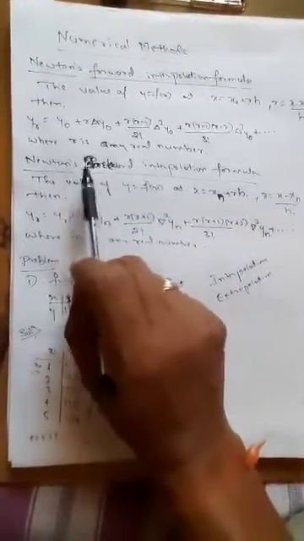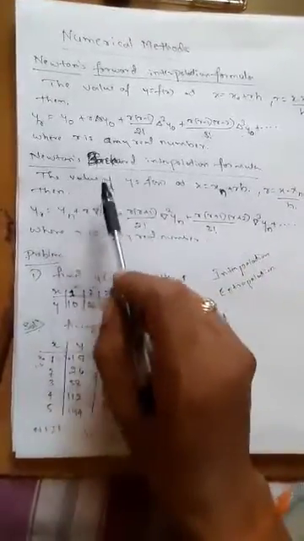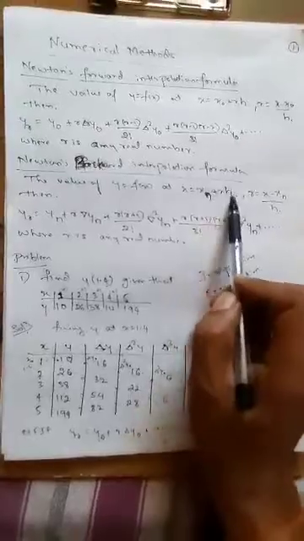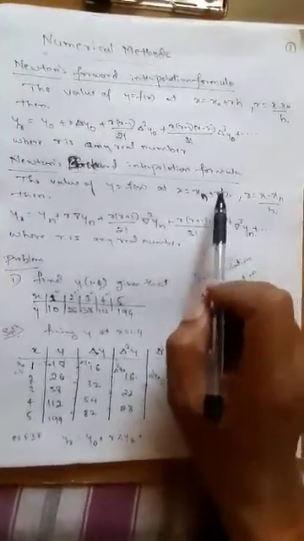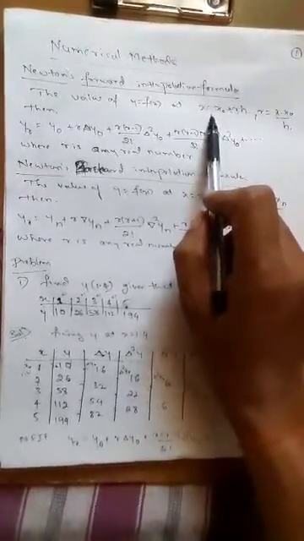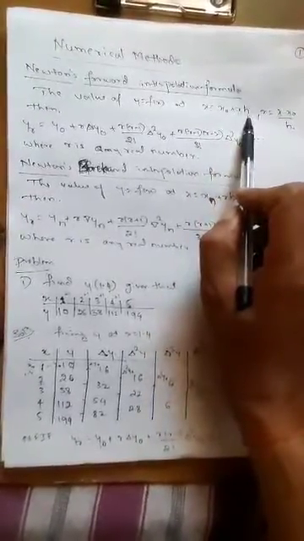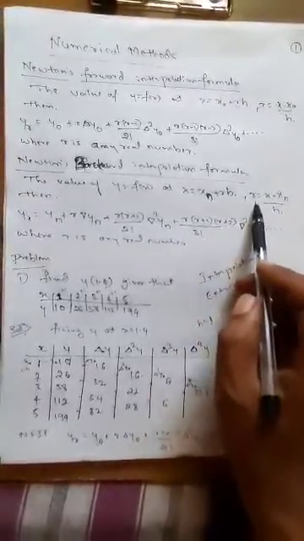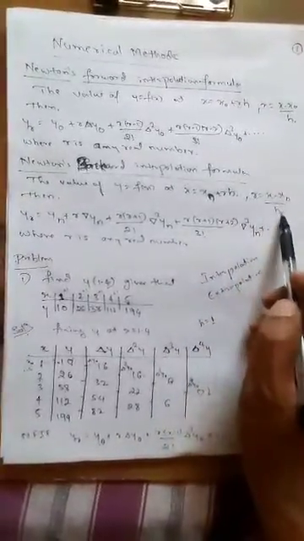Then in Newton's backward interpolation formula, the value of y is equal to f of x at x equal to x n plus r h. In the forward formula we take x naught plus r into h. Again we separate r, so r is equal to x minus x n divided by h.